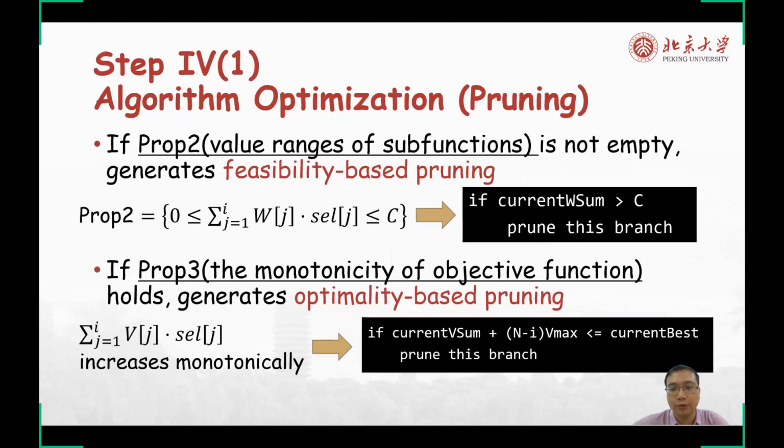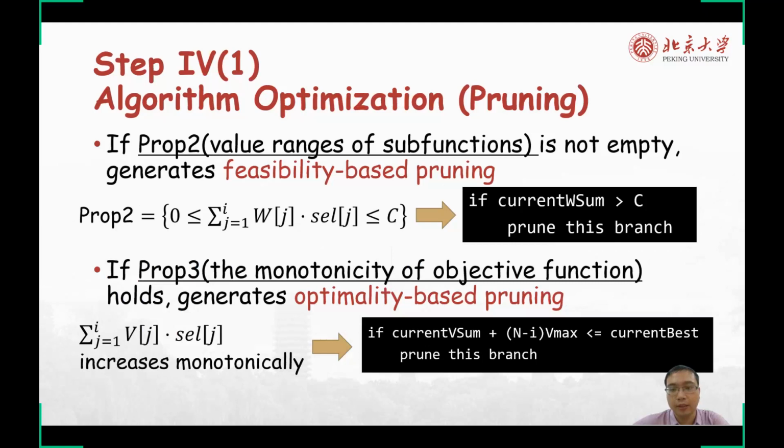If Prop 2, value ranges of subfunctions, is not empty, SoGen applies feasibility-based pruning. For example, in 01 knapsack, since any intermediate weight sum should never exceed the capacity, a branch can be safely pruned once the weight sum is larger than C.